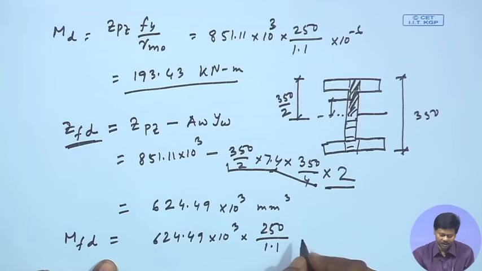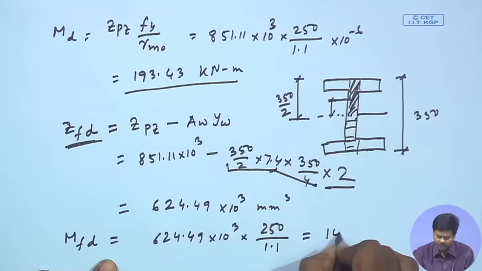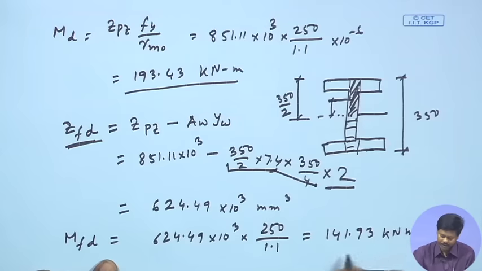So, Mfd, the plastic design moment excluding the shear area, we found as 141.93 kilonewton meter, right. So, this is how we can find out the value of Mfd.